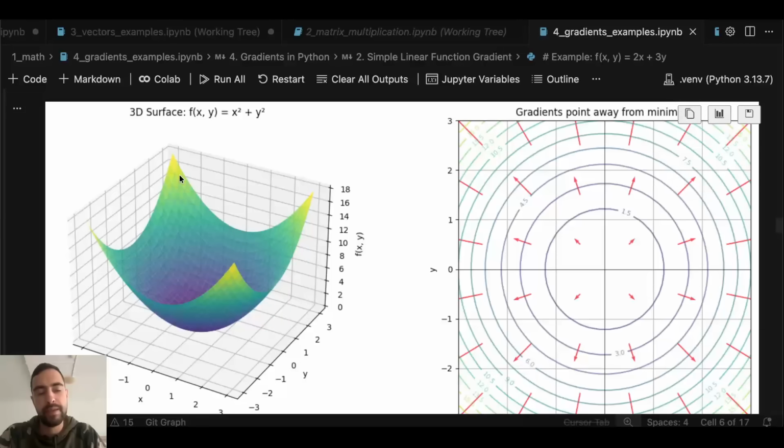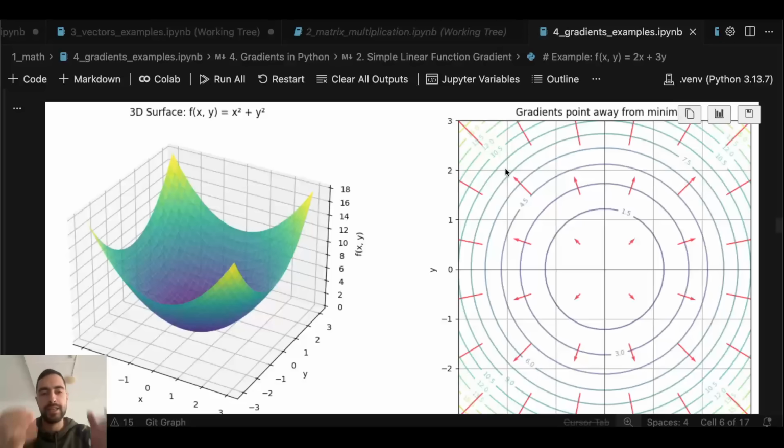But if we have a curvy surface like this, so this surface is x squared plus y squared, we will notice that at the bottom it's a bit flat, so there is not so much rising or ascent. So the gradient vectors will be smaller, but as we go up, these values will grow quadratically, they will grow faster and faster.